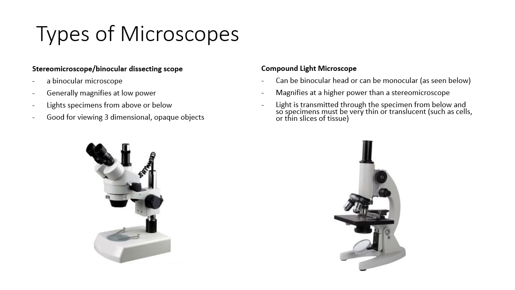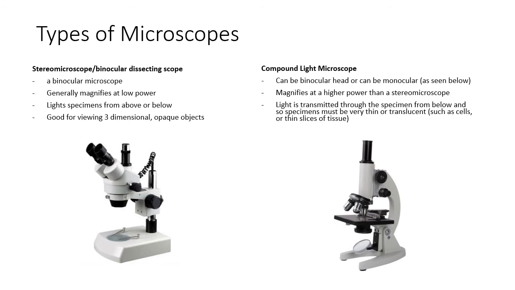This is very similar to the scope I use in my lab, and it illuminates from the bottom so that you can see through the sample. This is good for viewing 3-dimensional or opaque objects. You can take something and place it here and get a closer look. You can also see some translucent objects, but it really is the best for 3-dimensional opaque objects that you haven't manipulated or needed to cut.